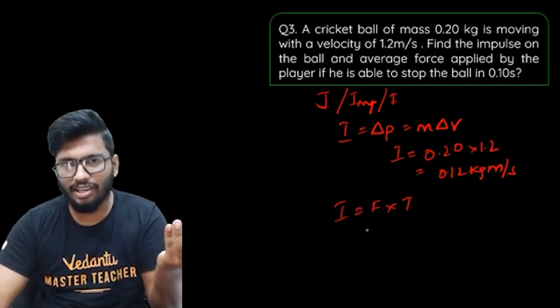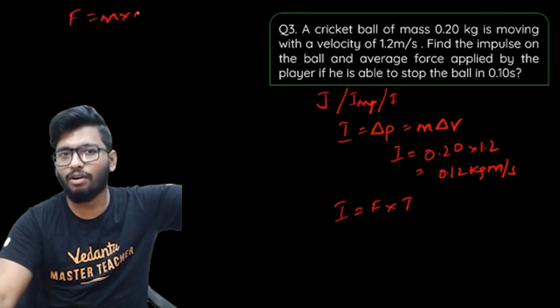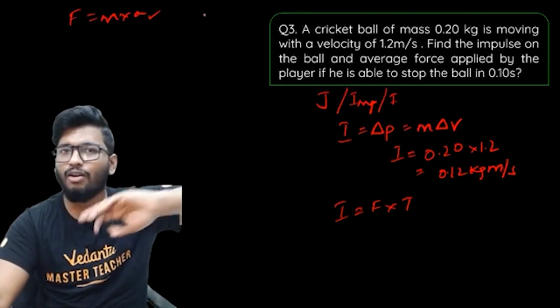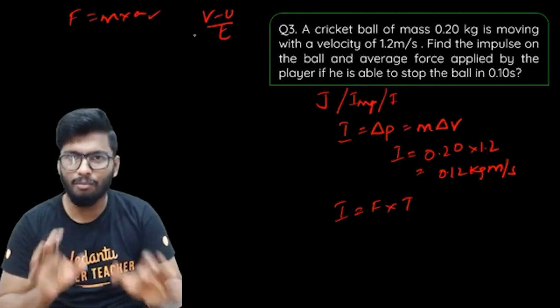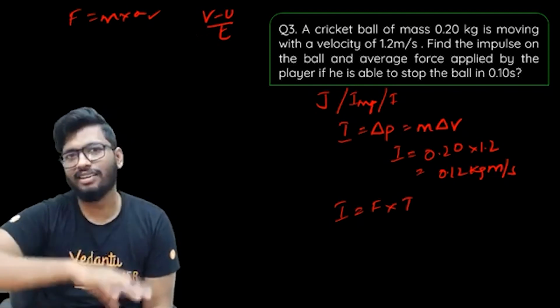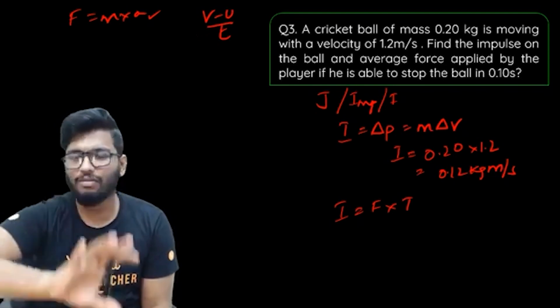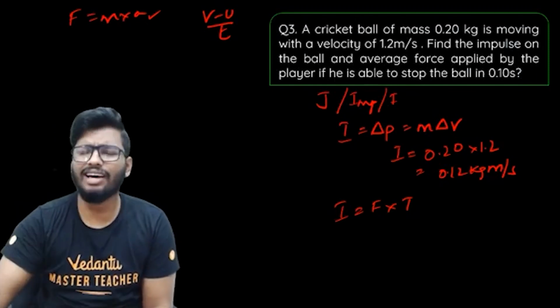You have to calculate the force right now. So this is one way to do it. Or you can use the F is equal to m into a formula. Find out the acceleration. How do you find out the acceleration? V minus u by t. Final velocity is 0 because the ball is stopping. Initial velocity is 1.2. So you can calculate this way, find out the value of force, and then use the impulse formula. Or you can directly do it this way.